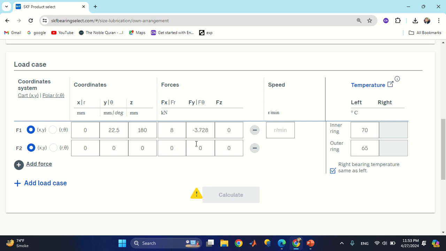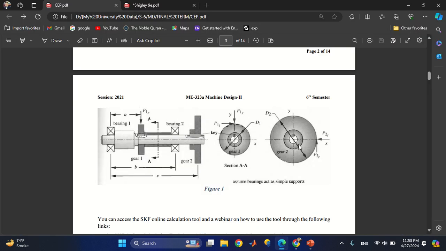So for the right bearing, go to the schematic diagram. See here, P2R is in the radial direction, and P2T is in the tangential direction. So just look at the orientation of P2R.